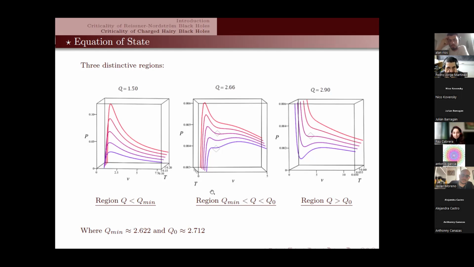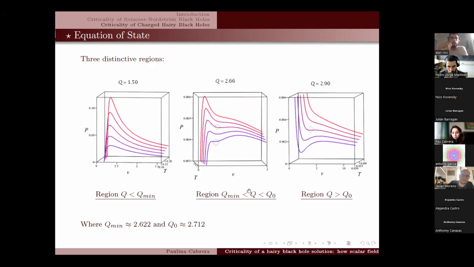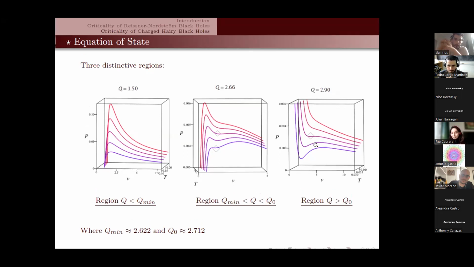For an intermediate value of Q, we observe 2 critical points here, and just one of them represents a phase transition, as we will see soon in the next slides. And for Q bigger than some Q0, we find a Reissner-Nordström-like critical point.